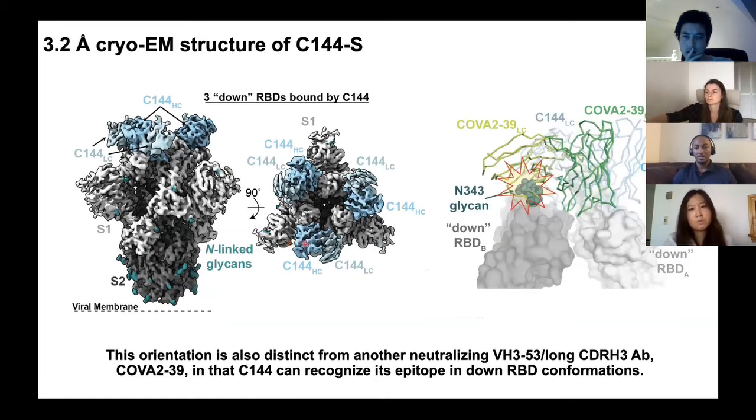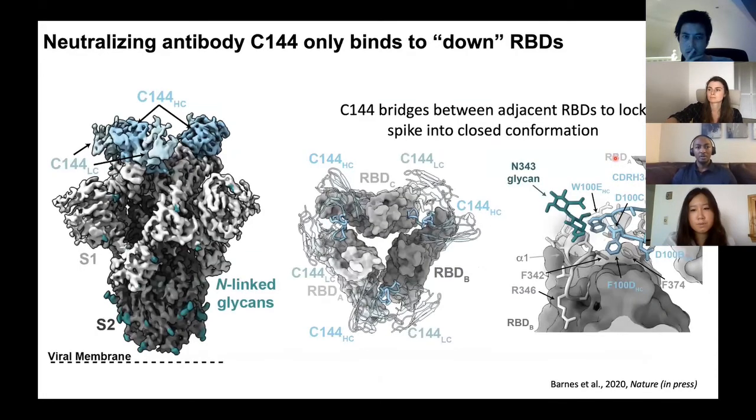And one thing to point out was that, even with differences in CDRH3s, our antibody was slightly different than the other one, isolated from another individual, although it does also shift towards the right. And so what was really cool about this antibody, C144, that we discussed in great length in a recent publication, is that its longer CDRH3 loop actually bridges between adjacent RBDs.